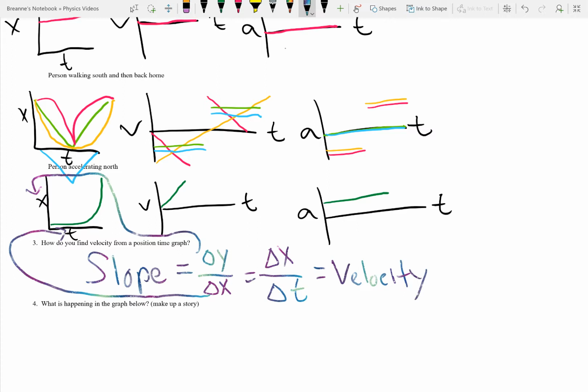Another way to think about it, that's how you get your meters per second, because position is in meters, your time is in seconds, so you get meters per second. Woohoo!